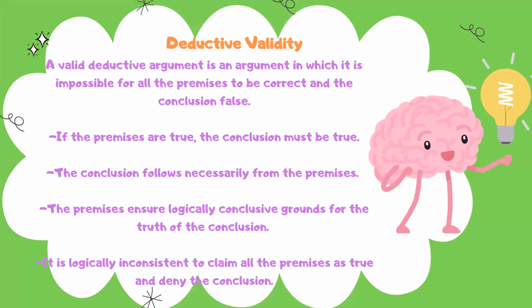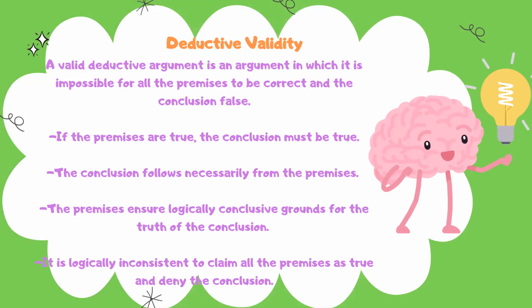The premises provide logically conclusive grounds for the truth of the conclusion, and it's logically inconsistent to claim all the premises are true and deny the conclusion. An example: if you are reading this, you are alive. You are reading this, so you are alive.